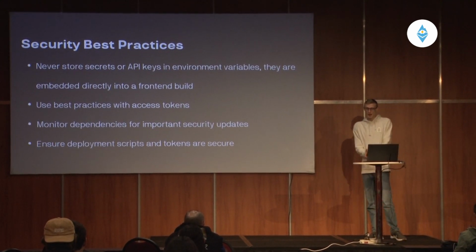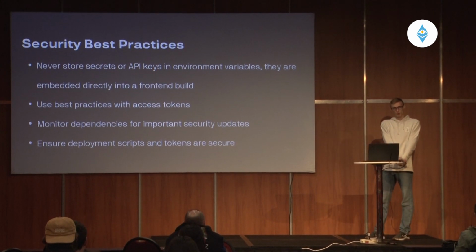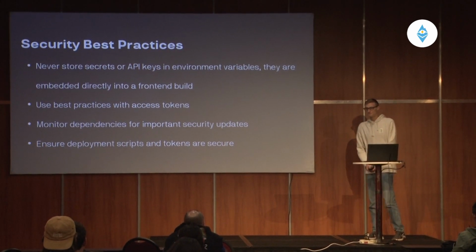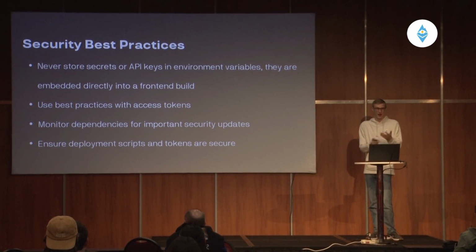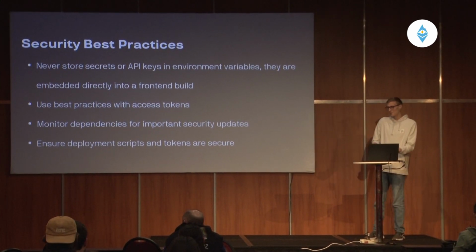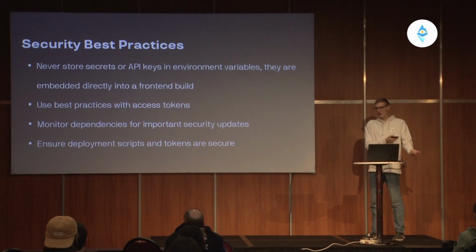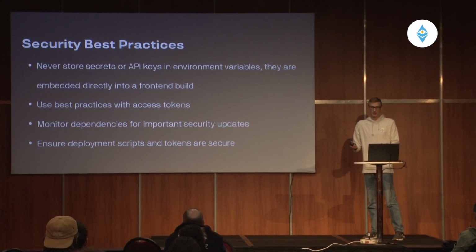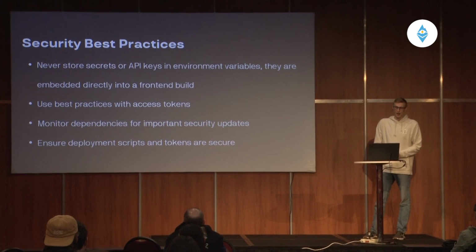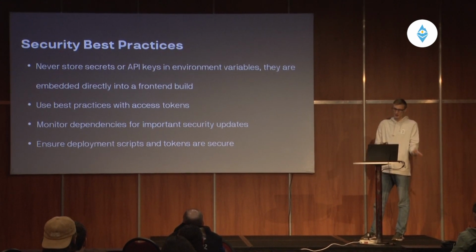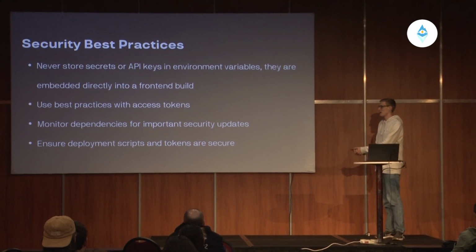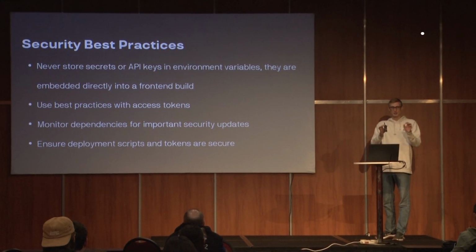And then lastly, checking how you're actually deploying your application. A lot of times, this actually isn't a concern for hackathon level projects, because most of the time you're probably just going to reach for something like Vercel or Netlify, which is kind of handling all of this for you. But for a lot of the open source front-end applications like Aave or like Uniswap, the deployments are actually happening inside of GitHub Actions.